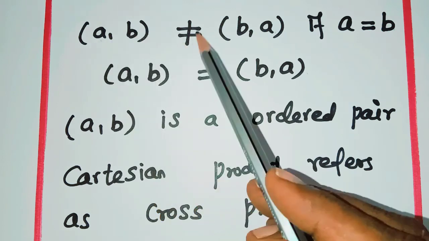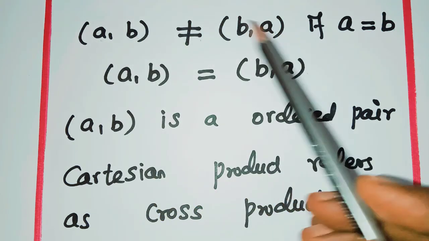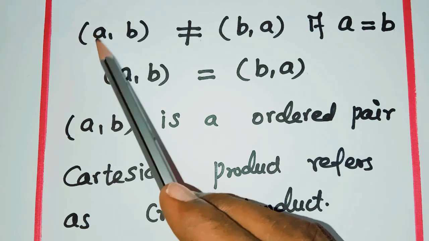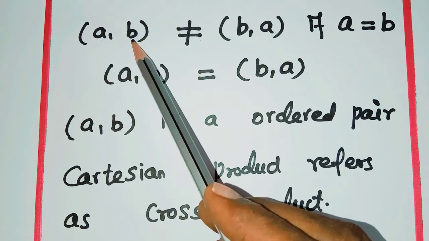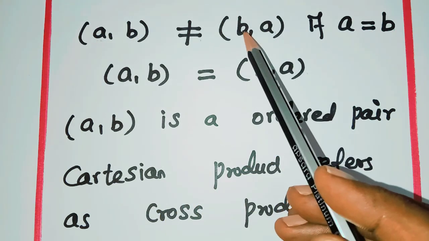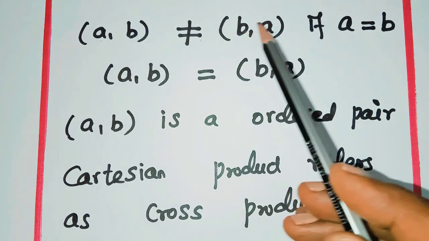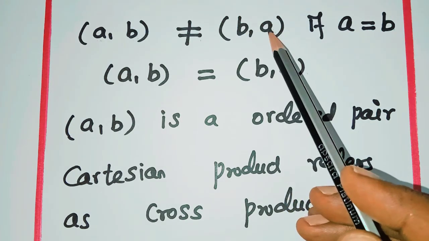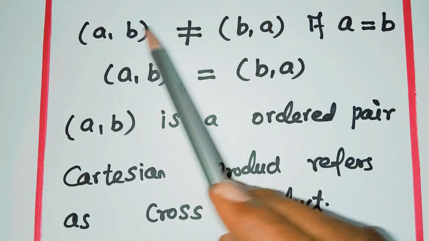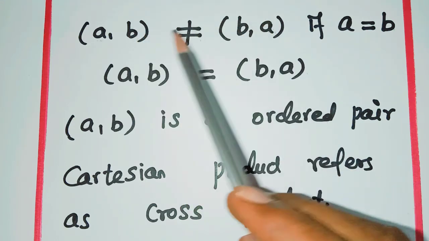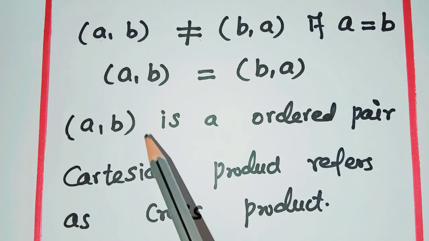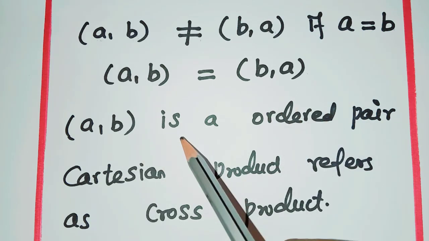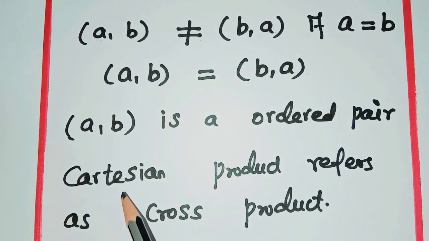Here (a, b) is not equal to (b, a) because in (a, b), a is the element of set A and b is the element of set B, but in (b, a), b is the element of set B and a is the element of set A. The order has changed, so these two are not equal. So this is called the ordered pair. The Cartesian product is also referred to as the cross product. Cross product and Cartesian product are both the same.